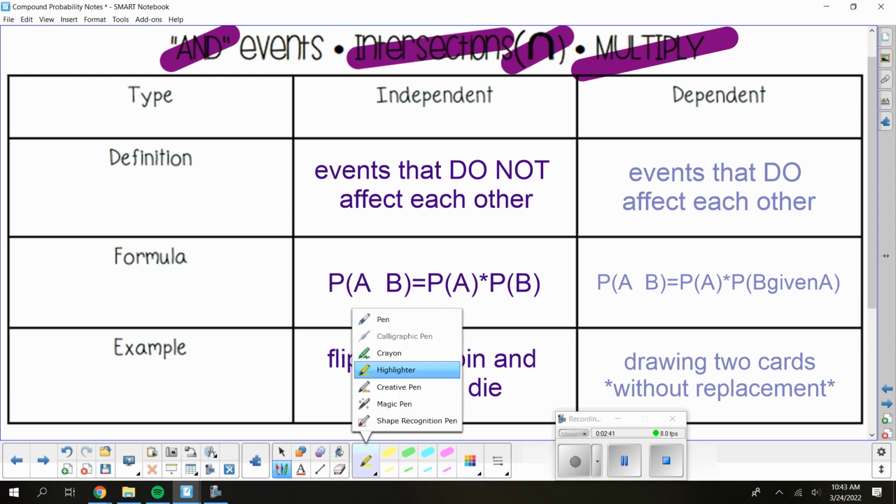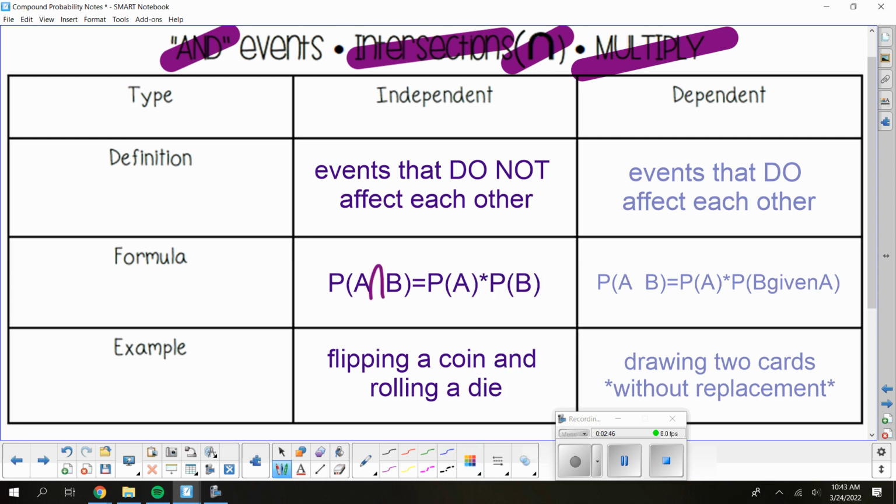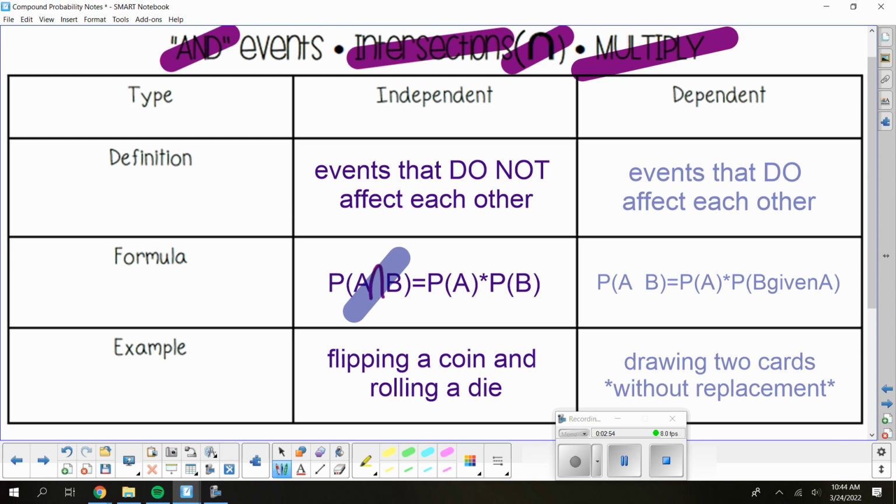The probability of A and B, that's your symbol, will be equal to the probability of A times the probability of B. So when we see that symbol, we want to think multiply, which is why we're multiplying A and B together. This is like flipping a coin and, there's your keyword, rolling a die.